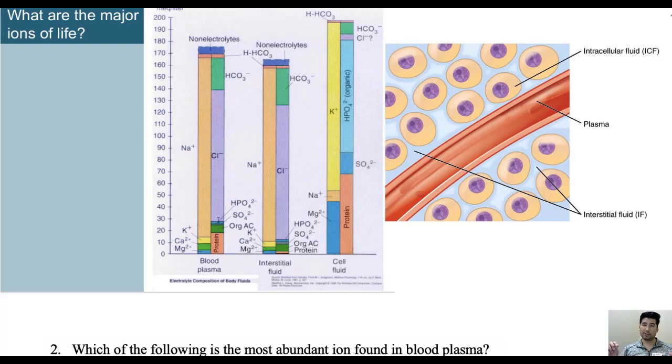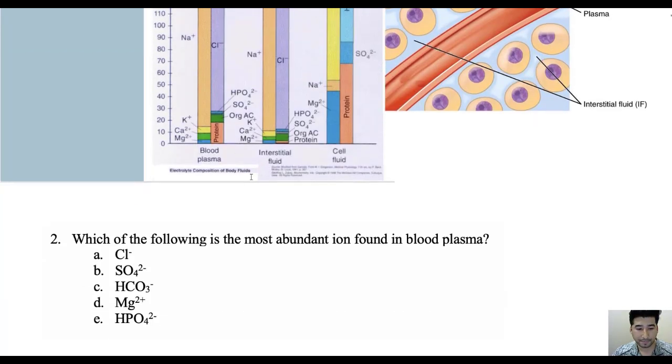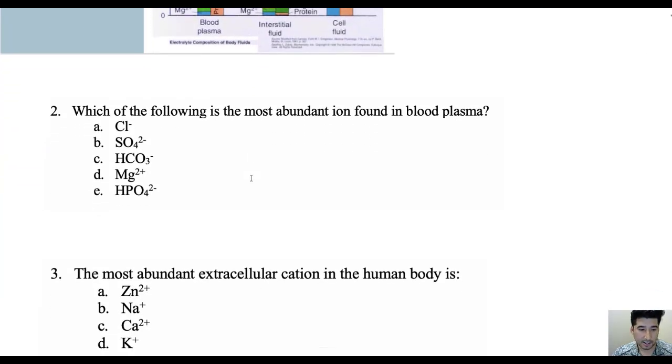That just means that chloride can be found in very low concentrations, or it can be found at quite high concentrations. So, yeah. Alright, moving on.